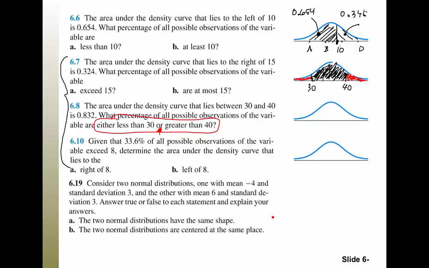They have the same shape. Does it have to do with the mean? What does the mean have to do with? So if we're looking at a normal distribution, where's the mean? The middle, right? In a normal distribution, mean, median, and mode are all the same.